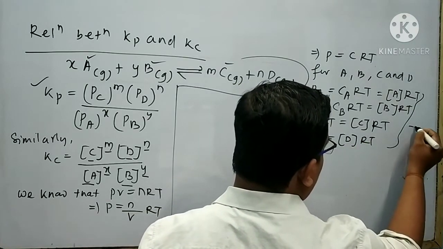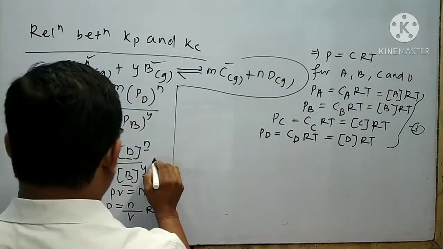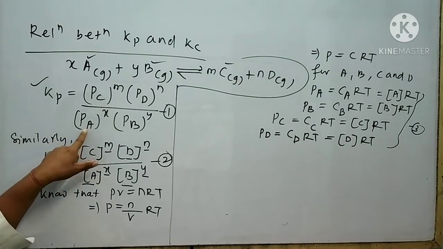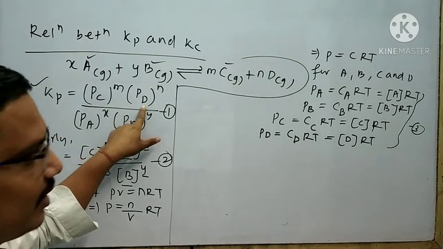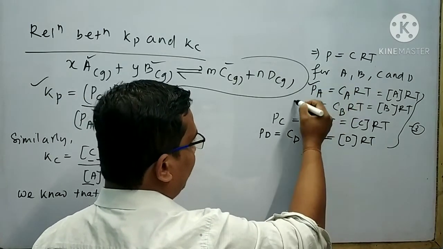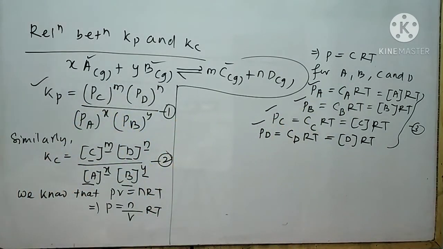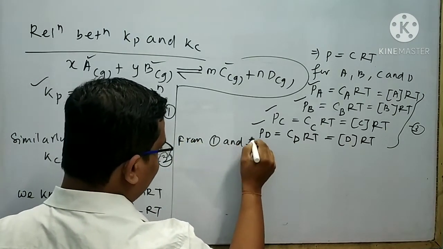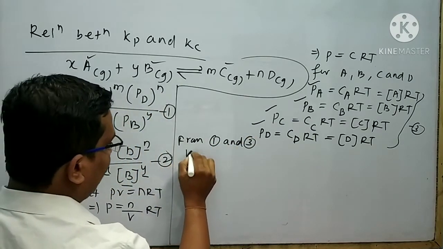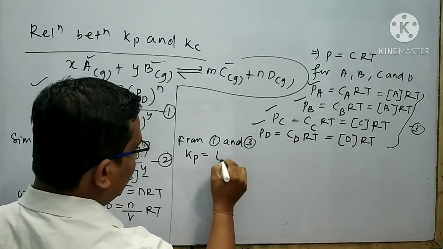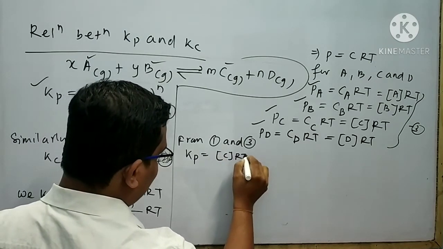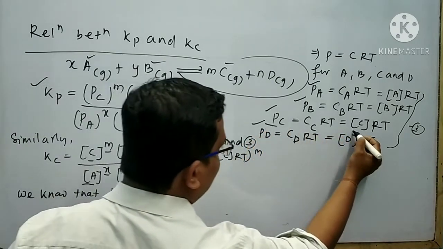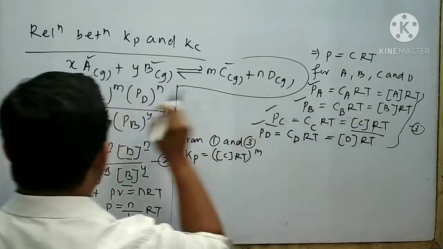Suppose this is your equation 3, this is your equation 2, this is your equation 1. Look at that, here PA, PB, PC, PD are written. Now put the value of PA, PB, PC, PD in this equation. Then from 1 and 3, I can write Kp equal to molar concentration of C RT power M, because here PC equal to this value, so put this value here.